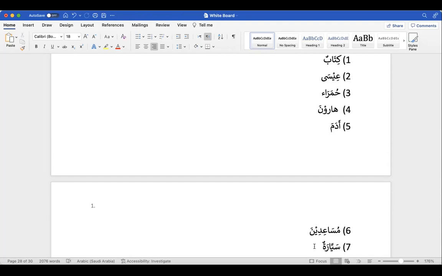Any word ending with tanween is fully flexible. Sayaratun, it is ending with what? Tanween. So it is fully flexible.